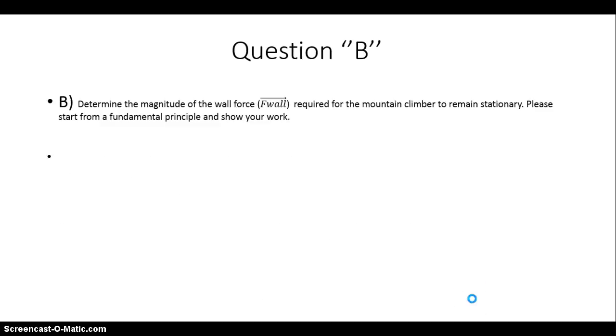Then, for question B, we need to determine the magnitude of the wall force F wall required for the mountain climber to remain stationary, and start from a fundamental principle. From A, we know that F net in the x components needs to equal 0, so cosine of 15 times F wall minus sine of 31 times Ft equals 0.